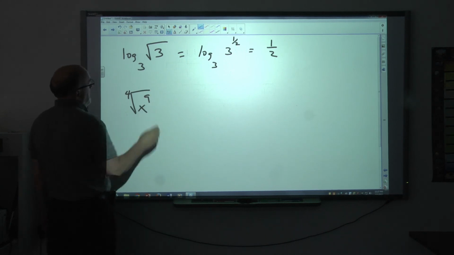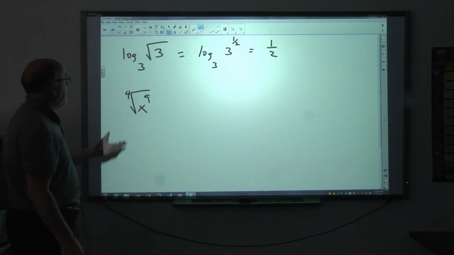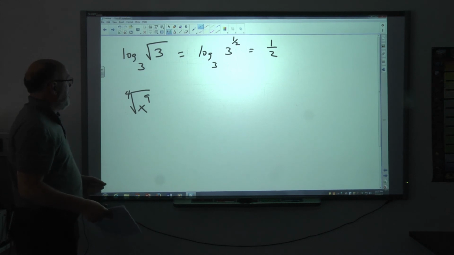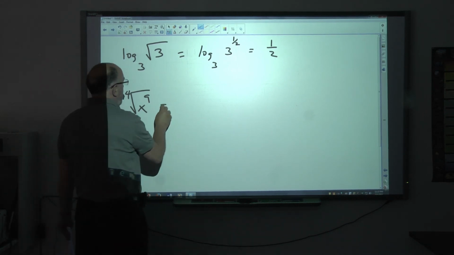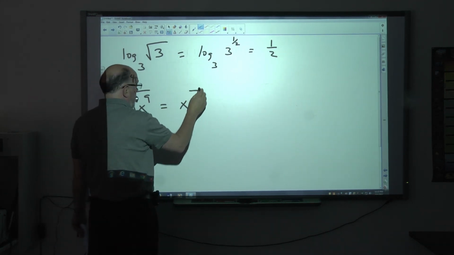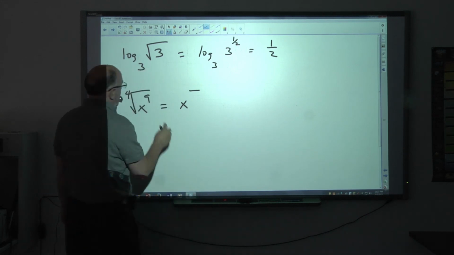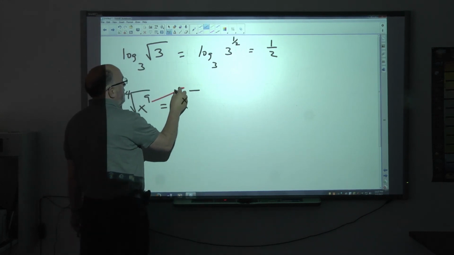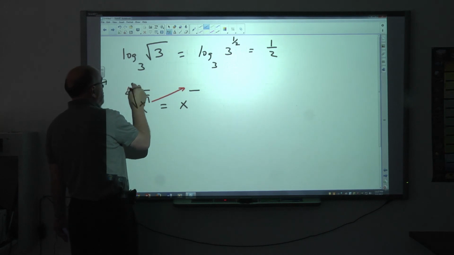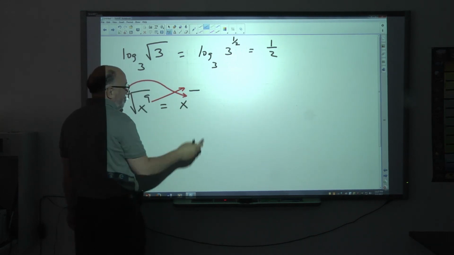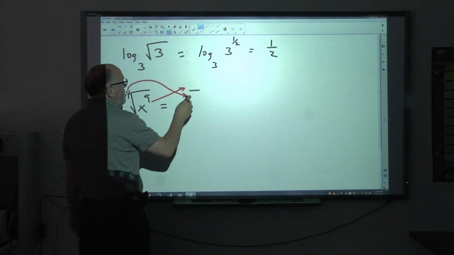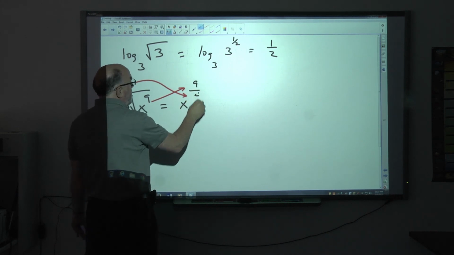Yep. So given something like this, I want to be able to rewrite this in terms of an exponent. And so when I do that, of the x, the exponent number goes to the top, and then the root number will go to the bottom. And so this would be the same thing as x to the 9/4.